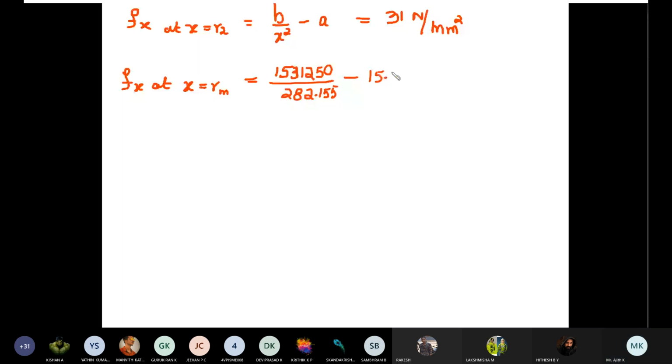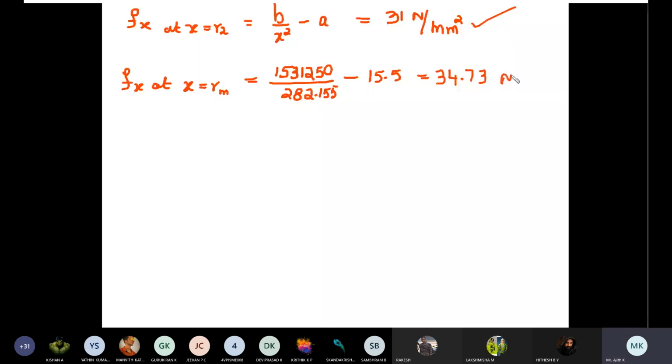So you will get the Fx value. Obviously, this value should be in between 31 at the outermost surface and the value at the innermost surface, and you will get the answer 34.73 Newton per mm square.